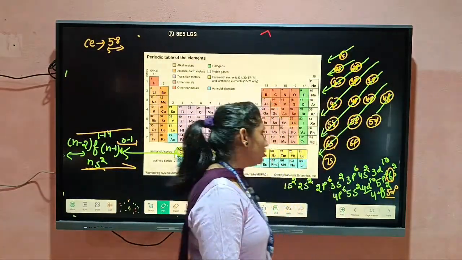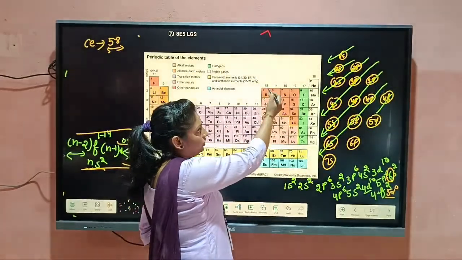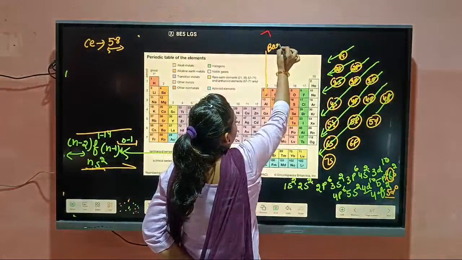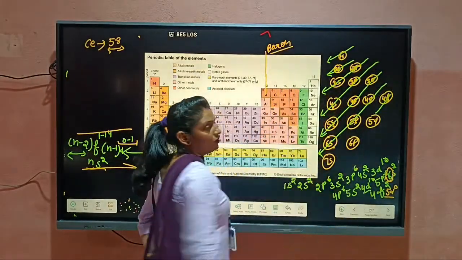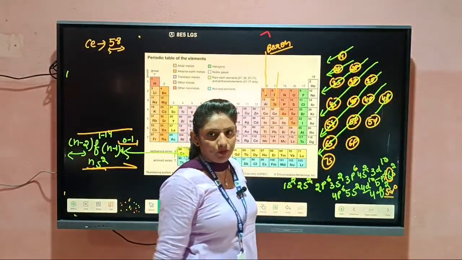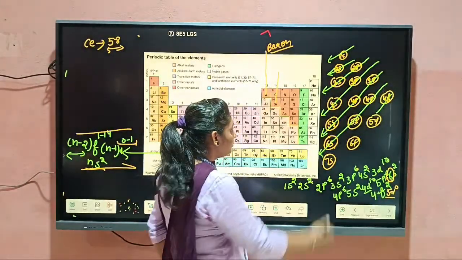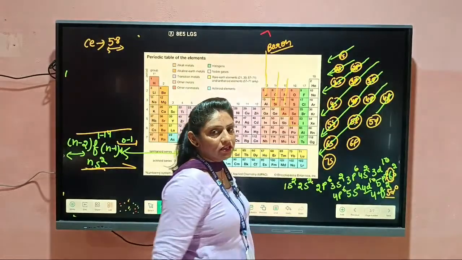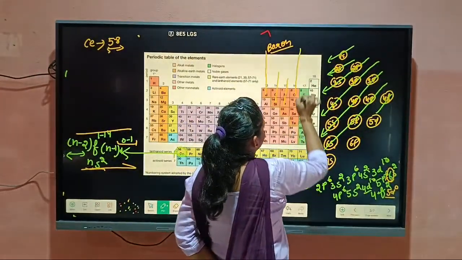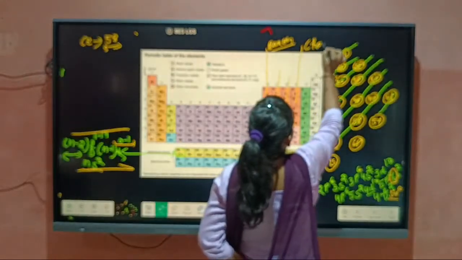Here group number 13 elements are basically known as the boron family because it started from boron. It is also known as the carbon family, group number 14 elements. Group number 15 elements are known as the nitrogen family and group number 16 elements are known as chalcogens.